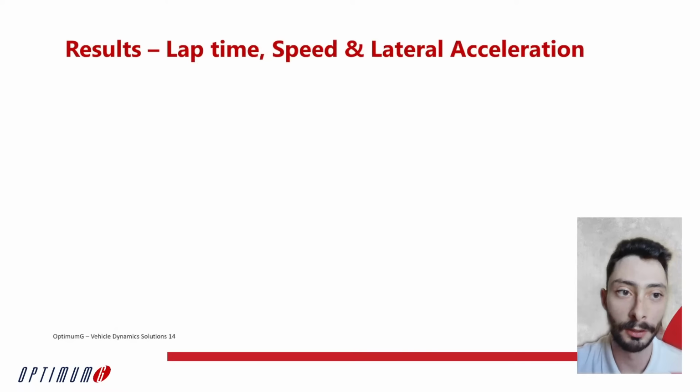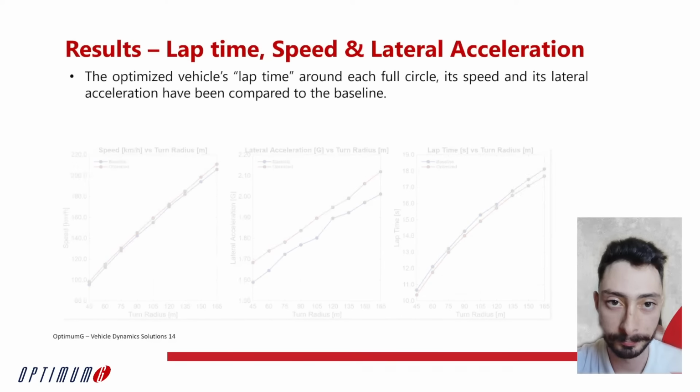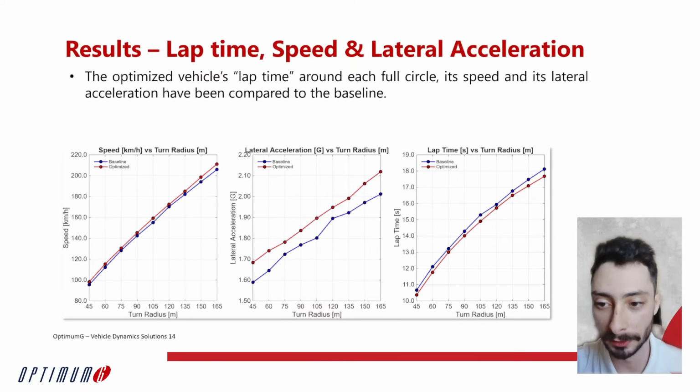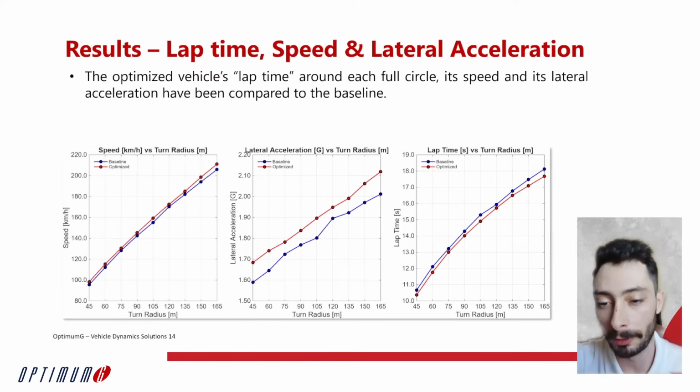The next results that we're going to see are related to what we're calling the lap time, which is the amount of time that it would take for our cars to go through 360 degrees of the skid pad.